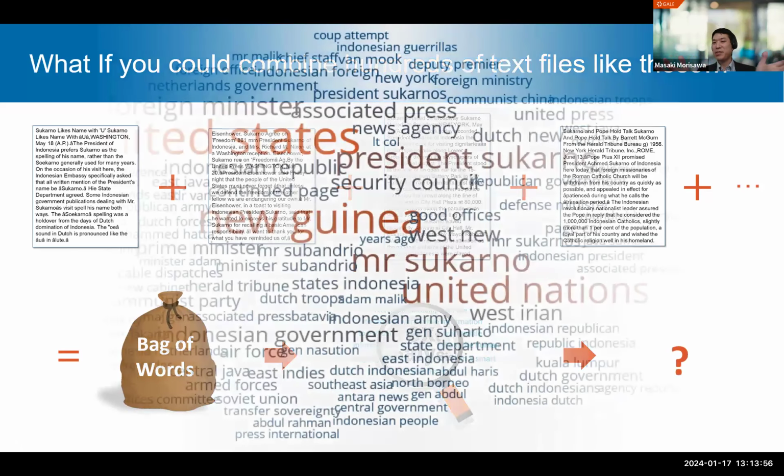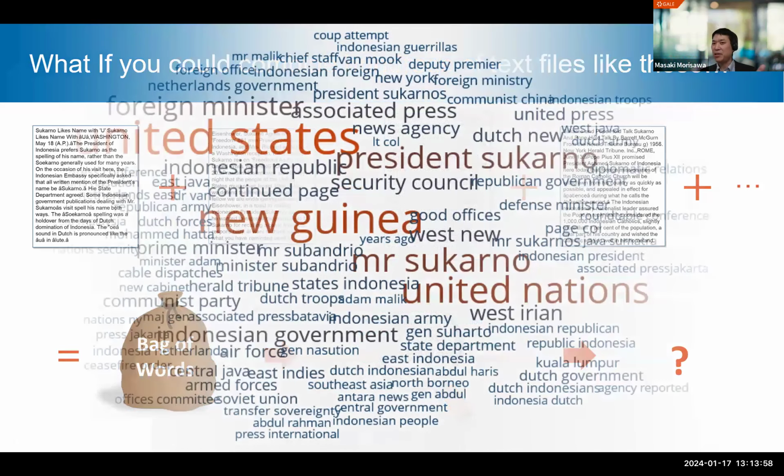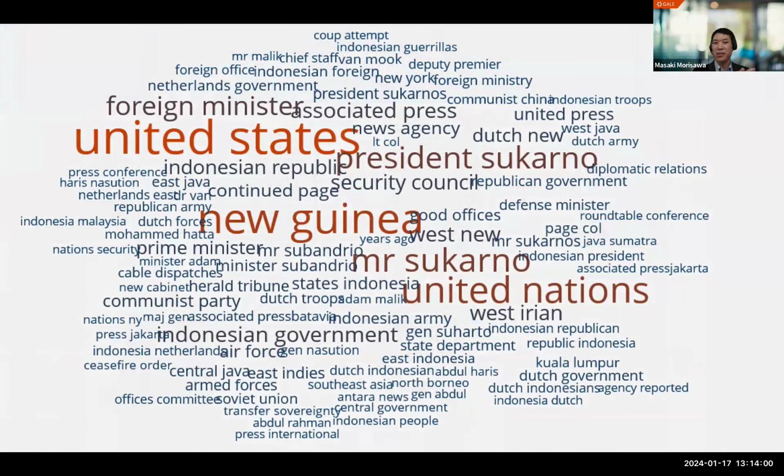So this is a word cloud that I actually created using the Gale Digital Scholar Lab. I collected a bunch of news articles about President Sukarno, and I told this tool, return to me the most commonly appearing 2-word phrases in my entire corpus, and show it to me as a word cloud.